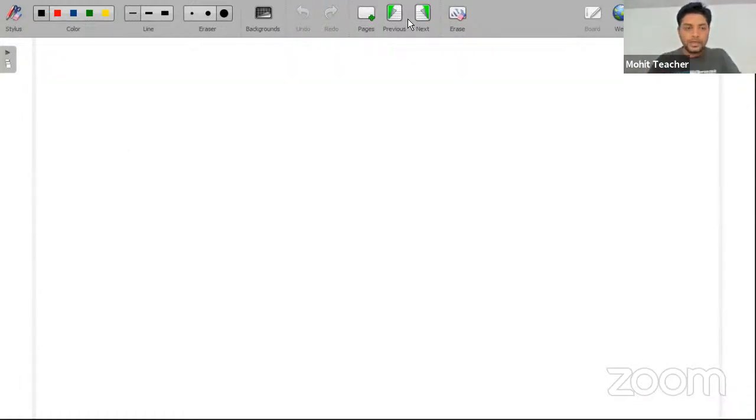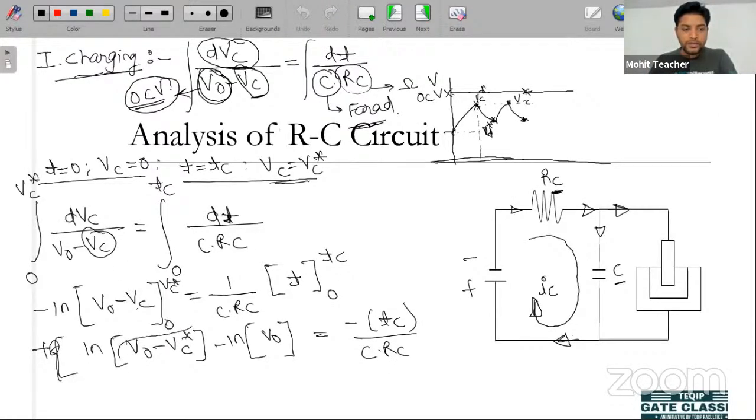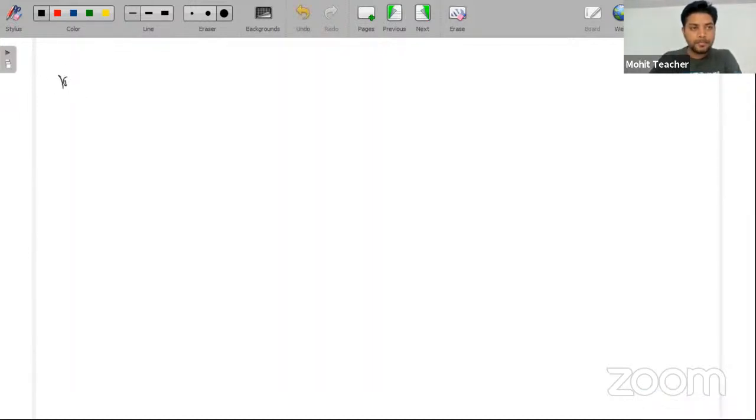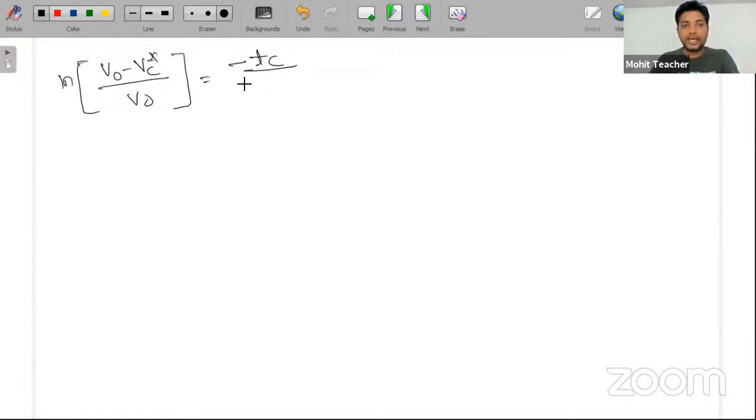So ln A is the value of this one and B is this. So this will be ln V naught minus VC star upon V naught equal to minus TC, that is the charging time, upon CRC. Fine.